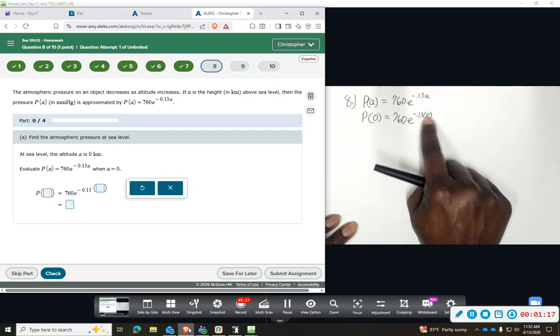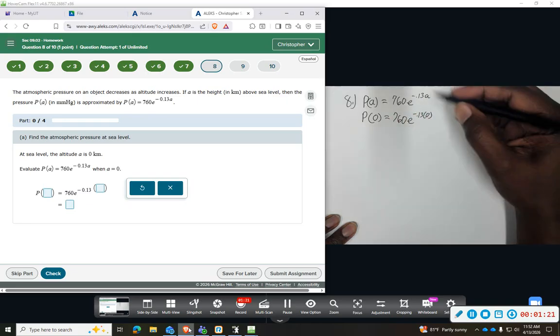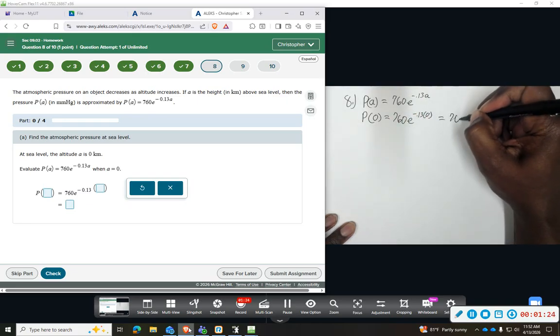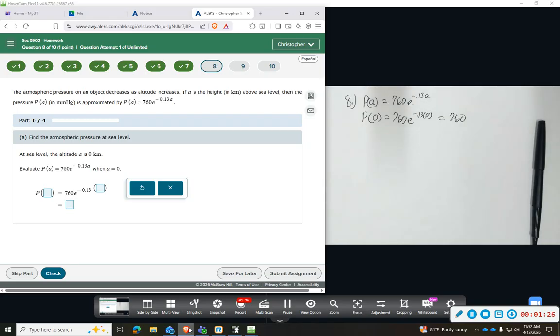Okay, so what happens if this is 0, e to the 0 power is 1, so we just end up with 760. It's a property of exponents.